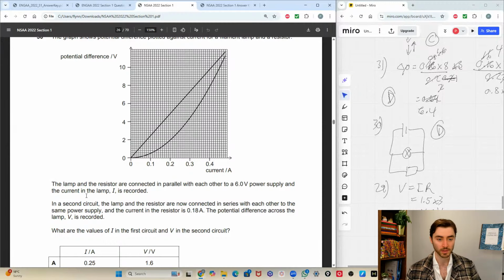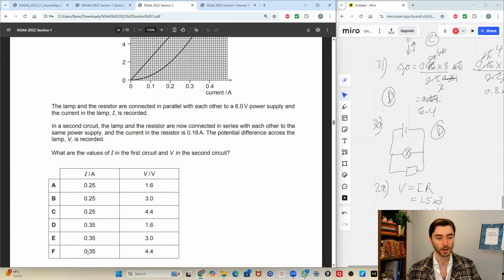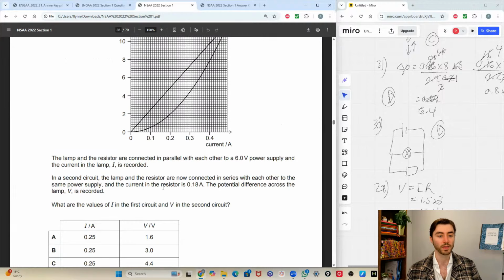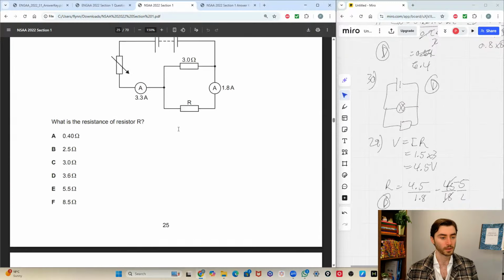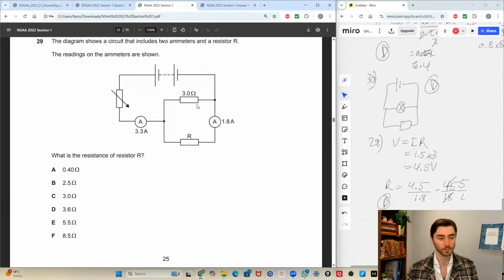So we know the curved one is the lamp. So at 6 volts, you get 0.3 amps. And when they are in series, the current is 0.18. So you look where that is there, and you get something less than 2. So I went with D. 29.